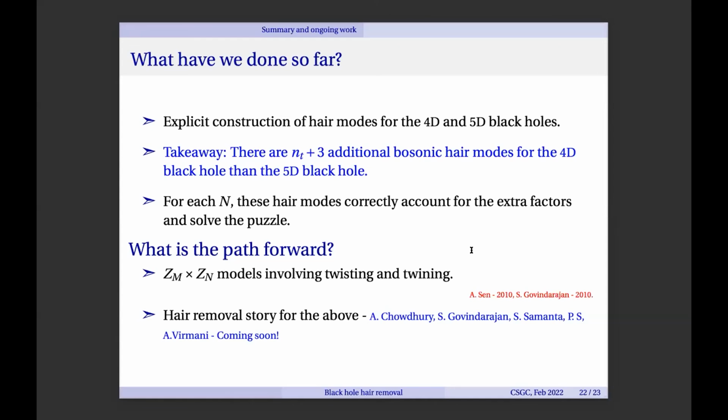It requires a longer discussion, but the hair modes we have constructed are all time independent. Sorry, Shyam, you wanted to say something. The question is about stability.